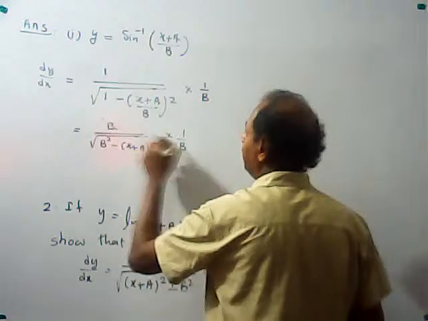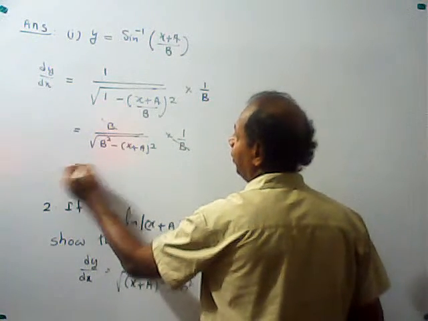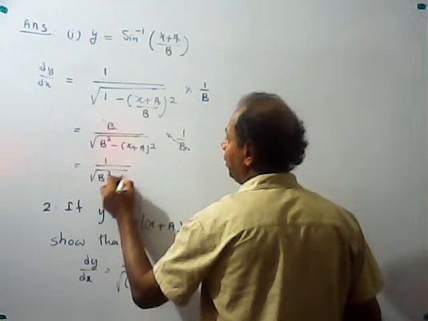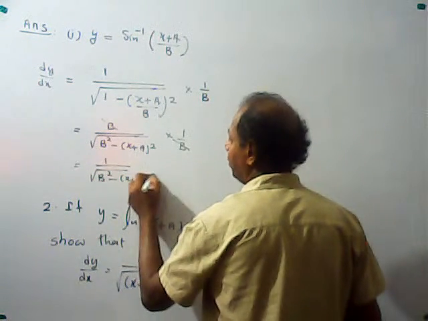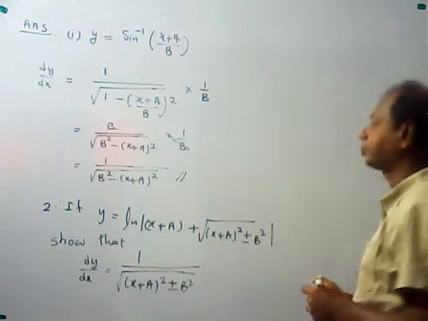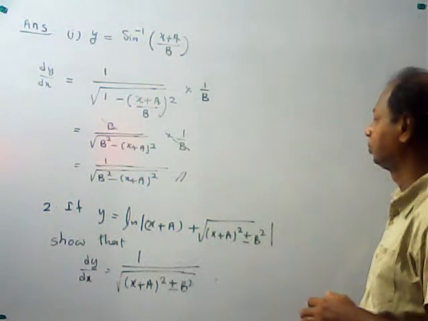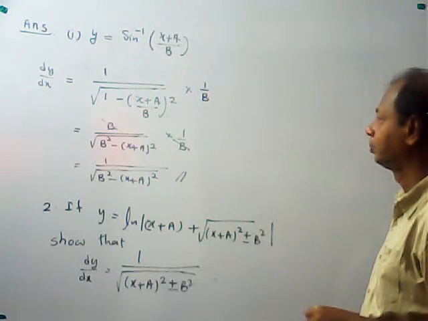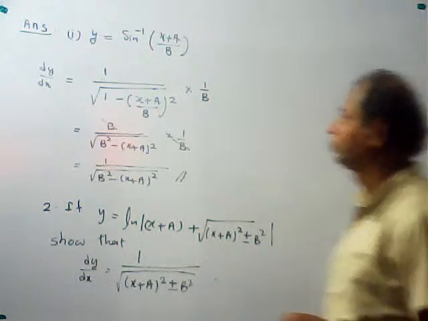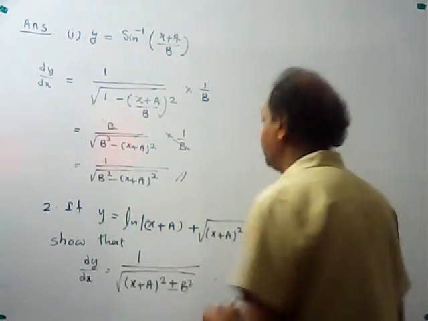So b gets cancelled and you get only 1 over root of b squared minus x plus a squared. So that's the answer. The answer for the first, you can check the answer. Then the second.